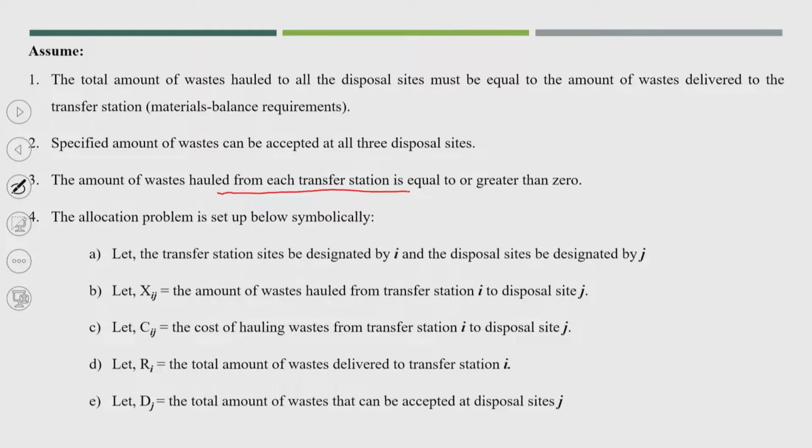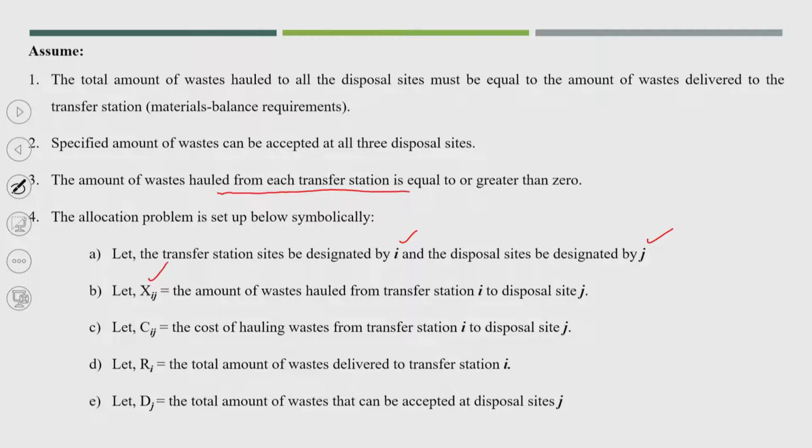Let the transfer station be designated by i and the disposal site by j. So here x_ij is the amount of waste hauled from transfer station i to disposal site j.